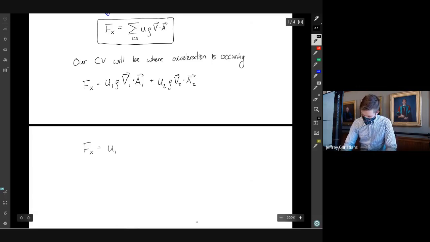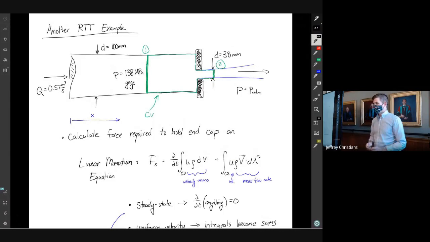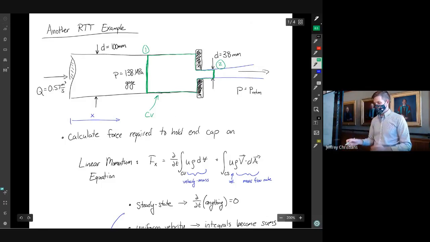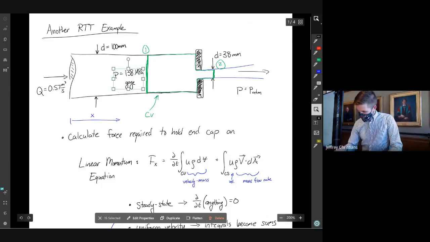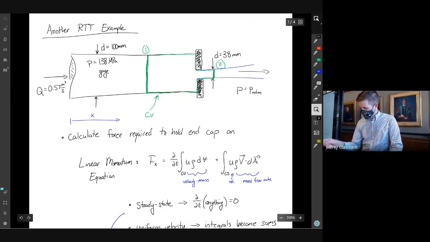So for u1 rho, the dot product you're looking at, this is how we handle sign convention, by doing it in vectors and with dot products. The nice thing about doing it like this is I can move things.